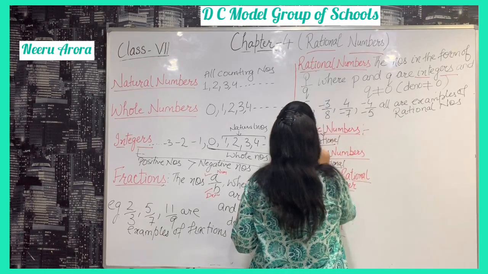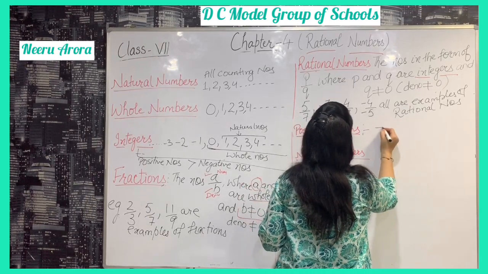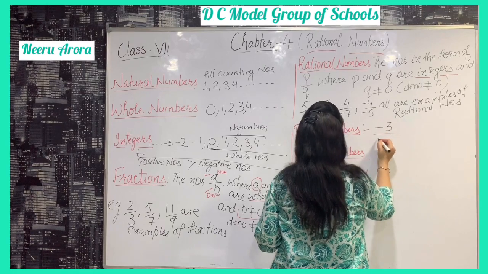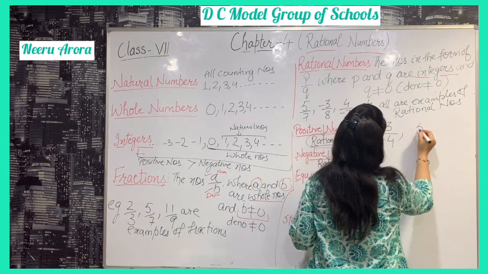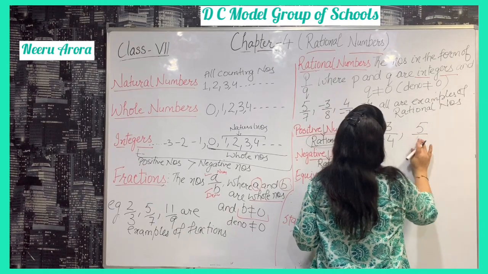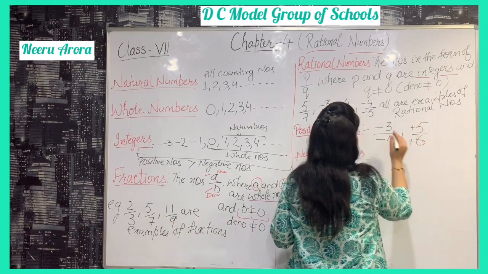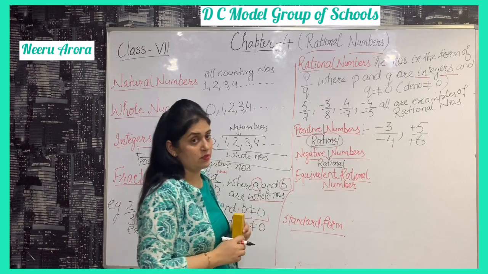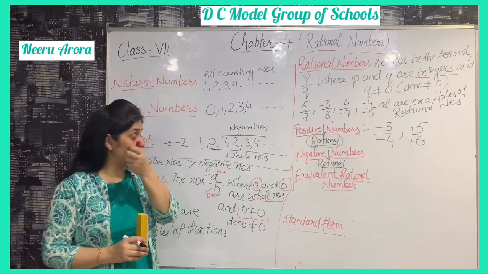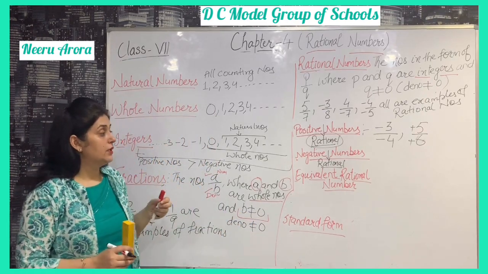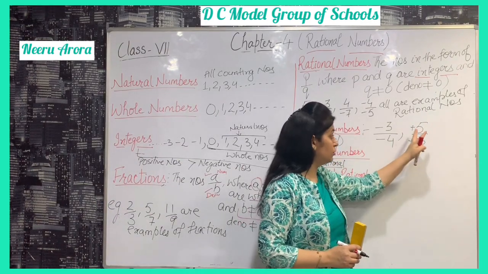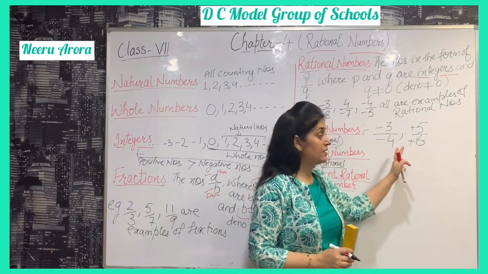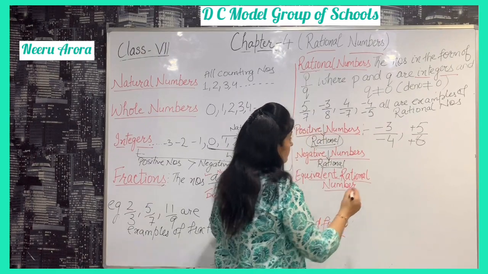Positive rational numbers are those in which the numerator and denominator are either both negative or both positive. Numerator and denominator both can be negative and both can be positive. These are positive rational numbers.